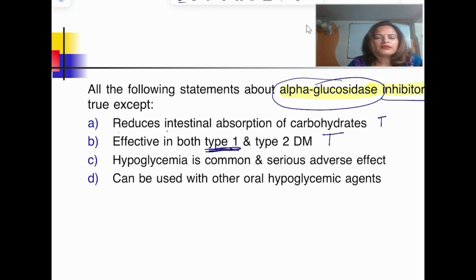Hypoglycemia is a common and serious adverse effect. It is a mild anti-hyperglycemic drug, so hypoglycemia is not common and not at all a serious adverse effect. So this is false. We can use it with other older hypoglycemic agents. Yes, we can use it. So here, which one is the false statement? This one.